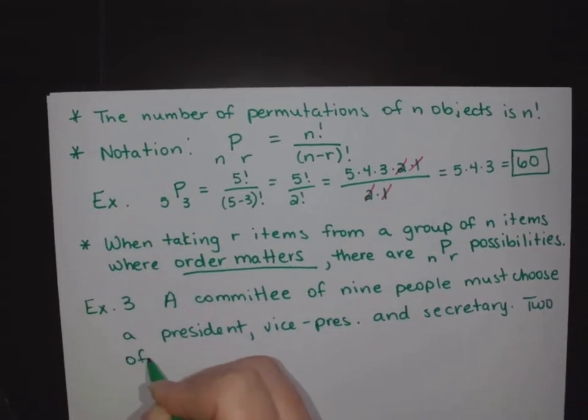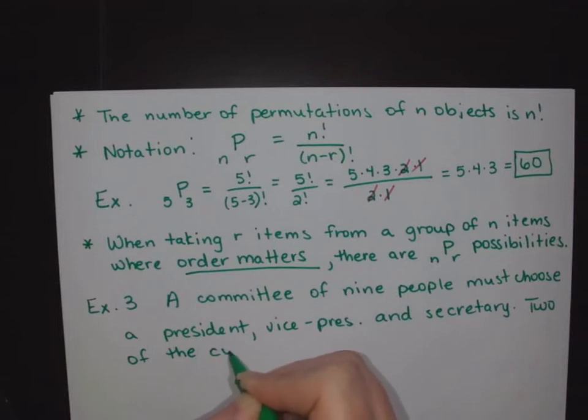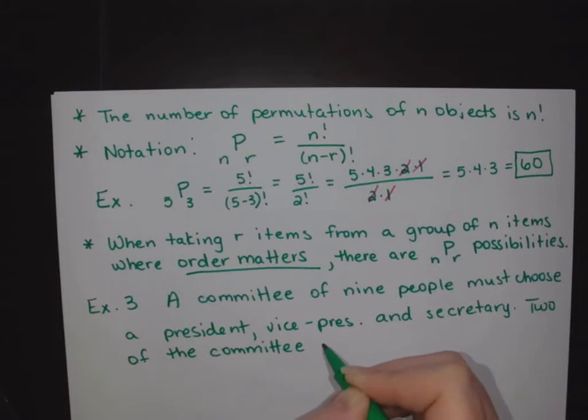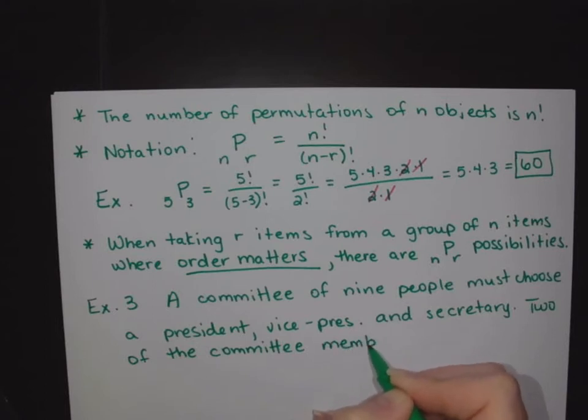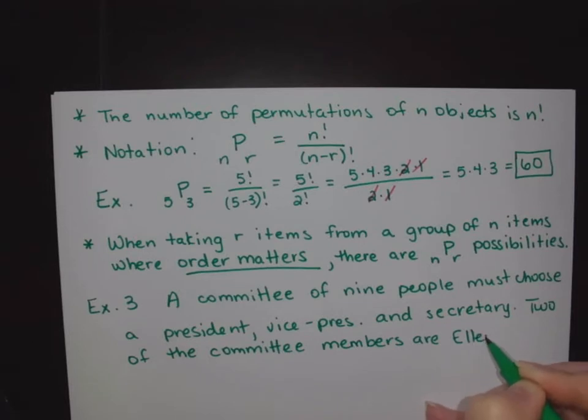And let's say that 2 of the 9 committee members, their names are Ellen and Joe. So I'm just setting up the scenario.